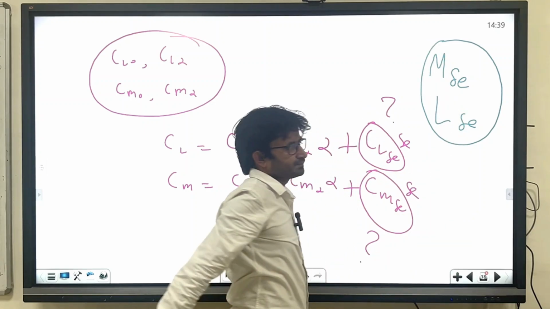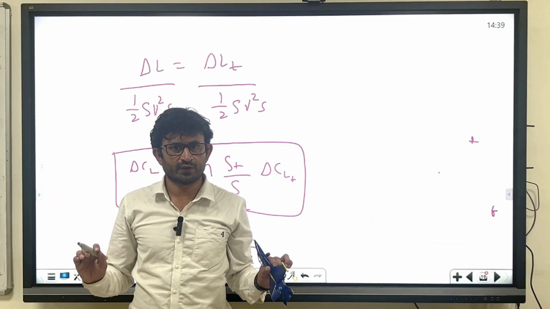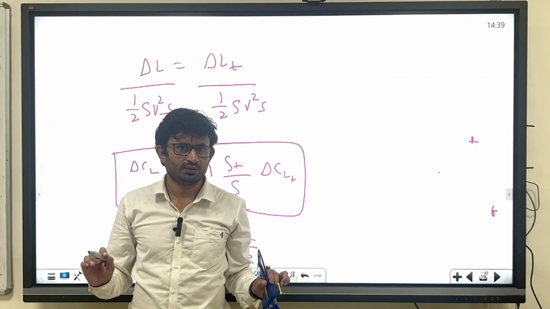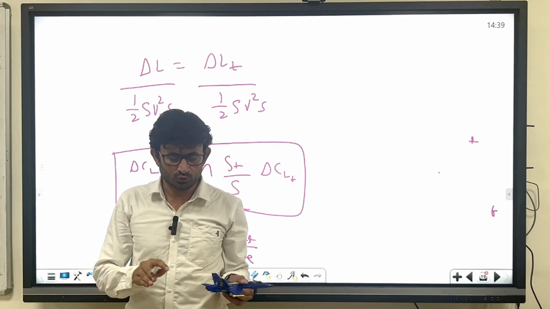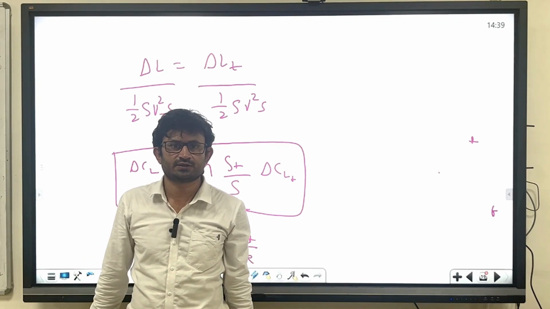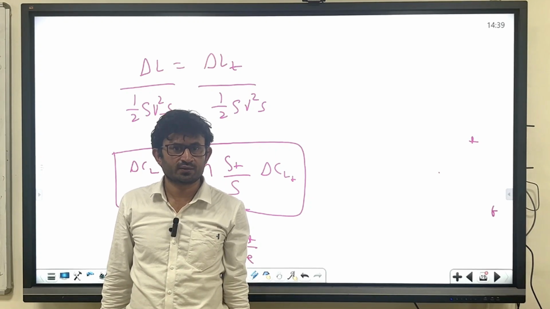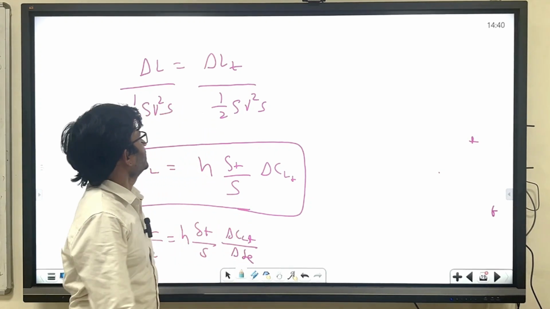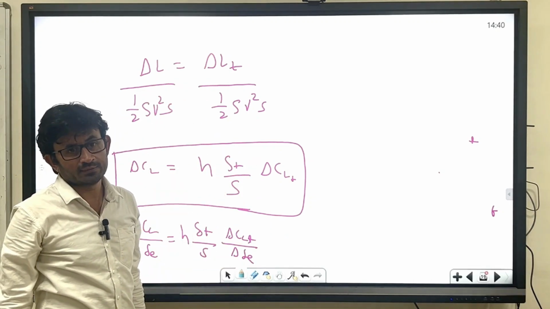Now when you have CL equal to CL naught plus CL alpha into alpha and CM equal to CM naught plus CM alpha into alpha, if you deflect the elevator, your lift will change, because only due to elevator deflection the lift is changing, and the lift is changing at the tail. So you can write change in lift equal to change in lift at the tail.